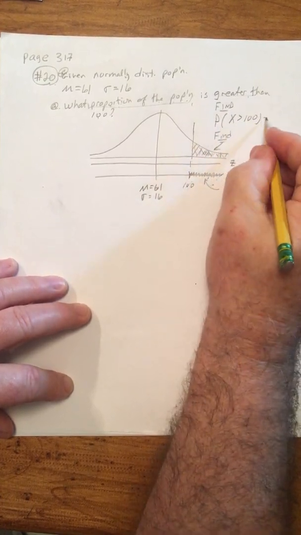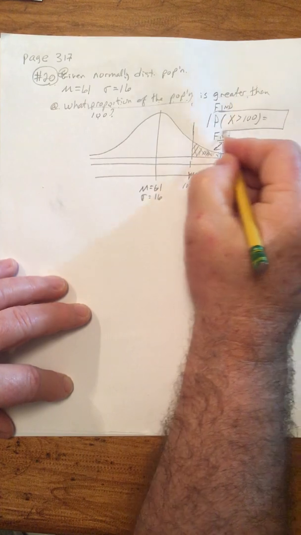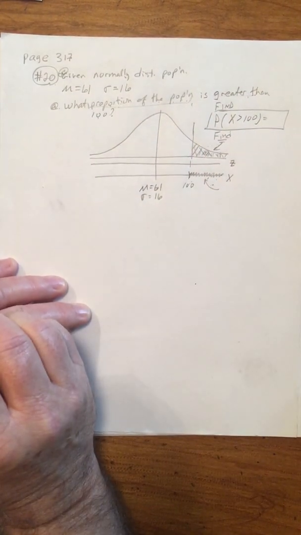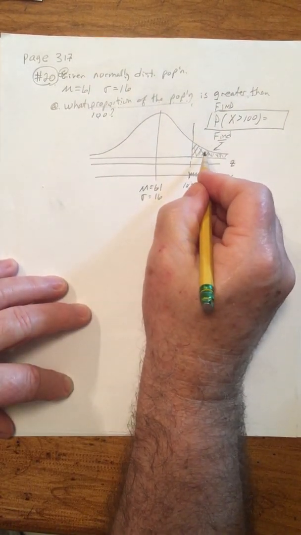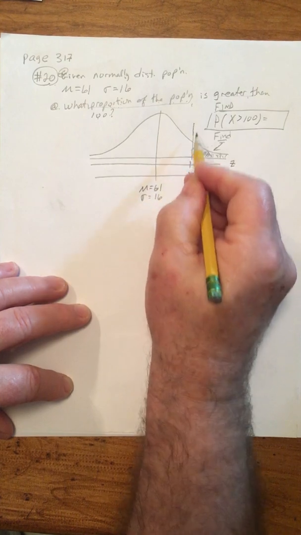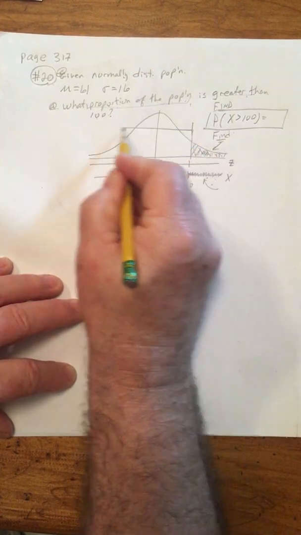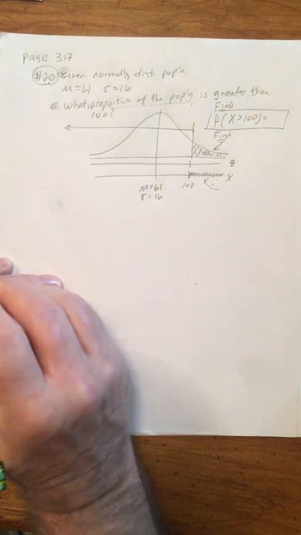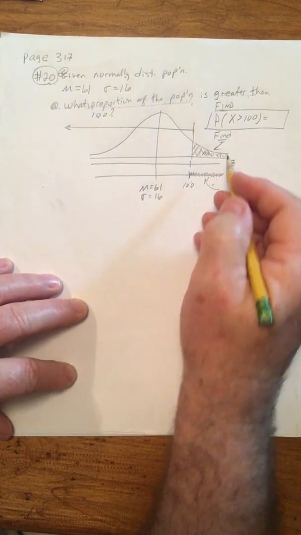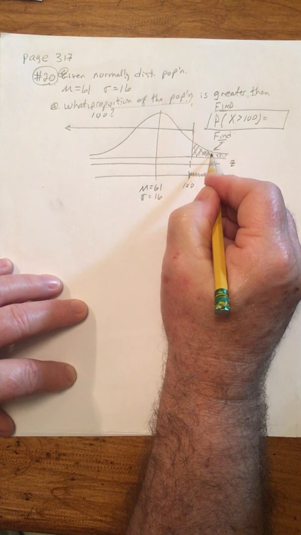So we want to find that probability, which is to say this area. Well, when we draw our picture, we remember this: the arrow doesn't go to the right. The arrow always goes to the left. And so this now becomes our issue. We want to find this probability.